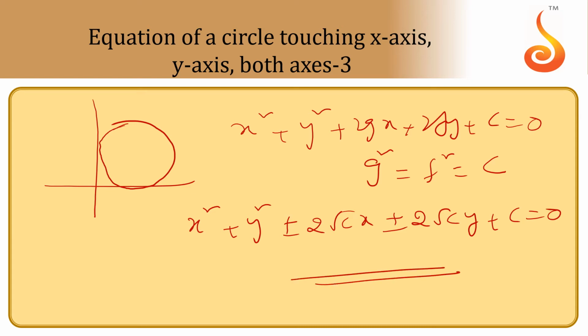So this is the equation of the circle. This can happen in any one quadrant. If you take plus plus, center will be in the third quadrant, so the circle will be in the third quadrant. So according to plus or minus, we can decide in which quadrant the circle is present.